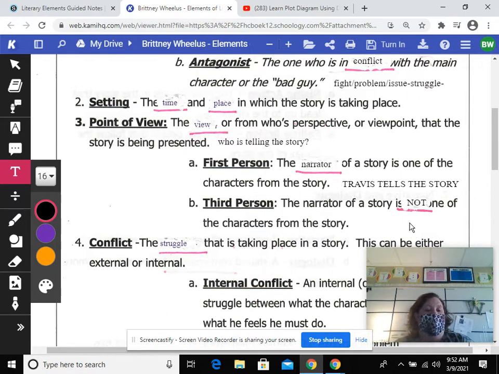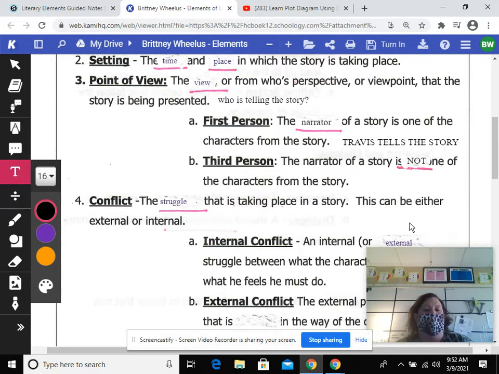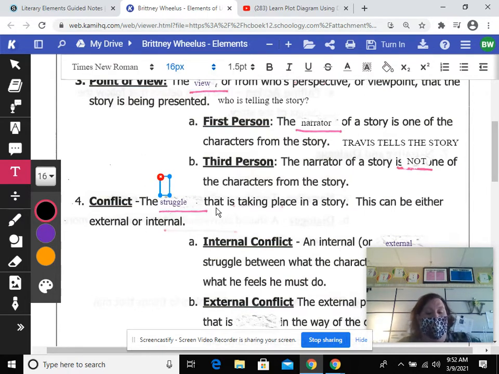All right, conflict. The struggle that is taking place in the story. You can put problem or struggle; you just need to know that it's an issue that is taking place in a story. This can be either external or internal.